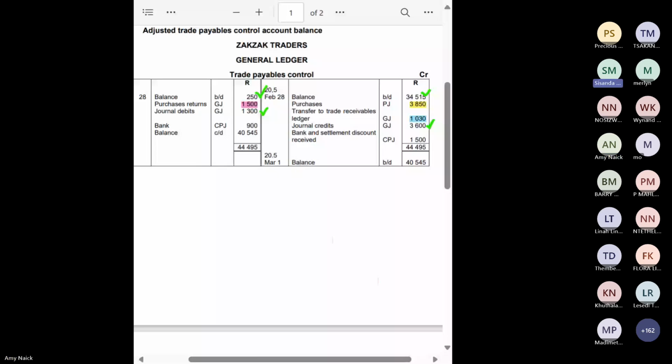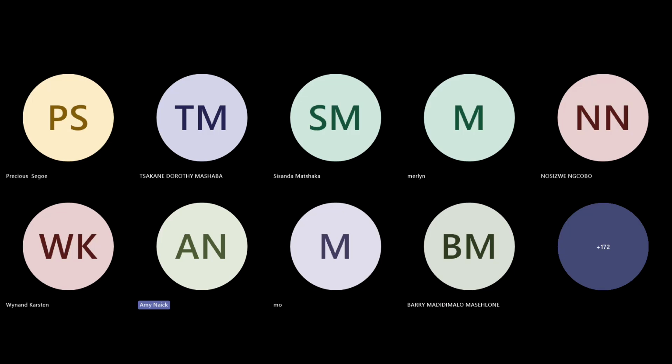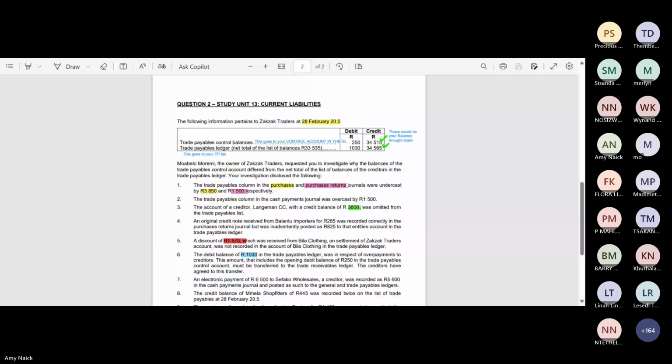We're seeing the trade payables, looks like the solution part. Okay, I'm going to try again. Give me a second. Okay, can you see now? Yeah, now we're seeing question 2, study unit 13. Right? That's great. Okay, that's the correct one.